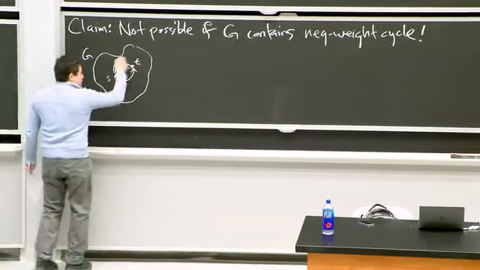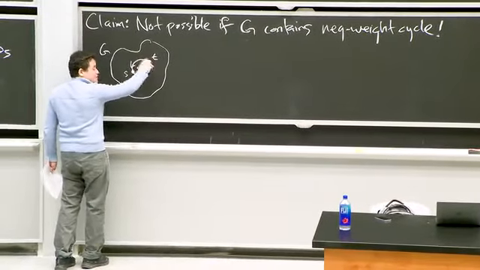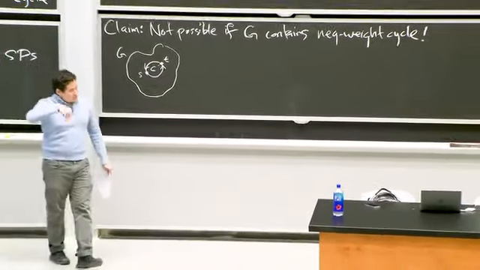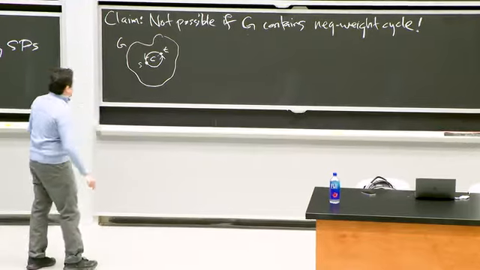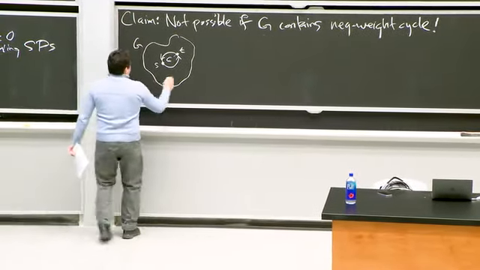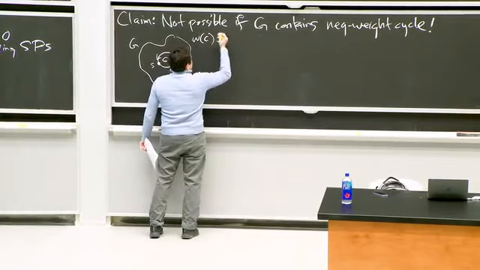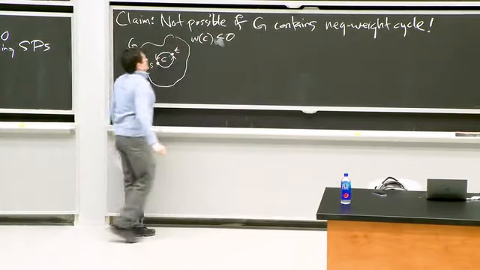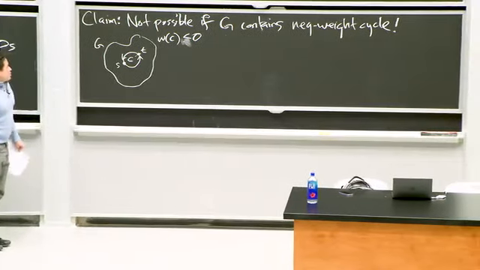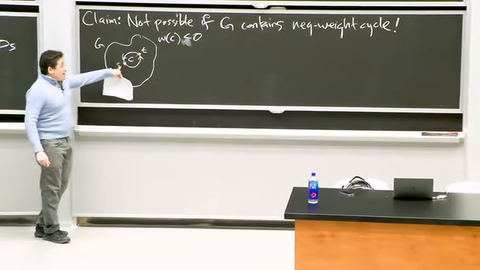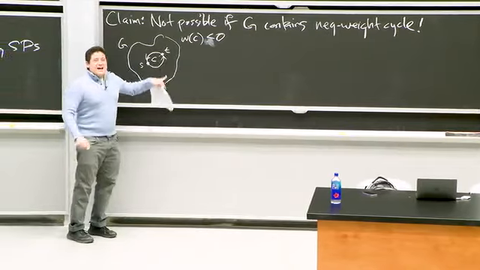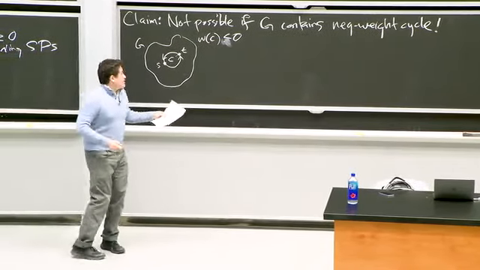It's infinite. A shortest path is infinite around this cycle. You just keep going around the cycle over and over and over again because it has negative weight, right? Weight of C is less than 0, strictly, right? That's what a negative weight cycle is. Okay, so a shortest path from S to T has infinite length, and in particular is non-simple.